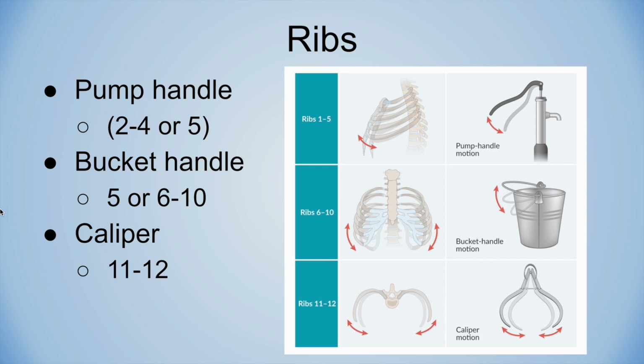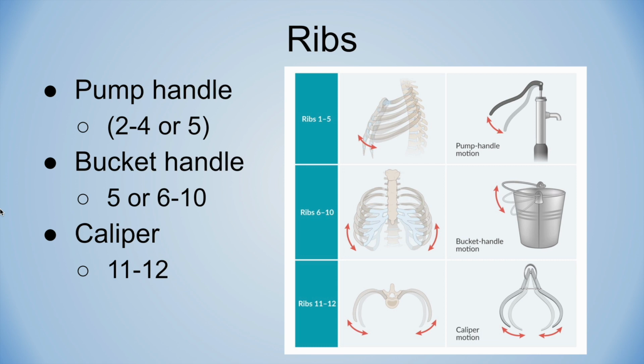So that means that with a deep inspiration, these ribs are going to move in more of an anterior posterior direction, where the sternum will lift up and away from the spinal column and create more of that anterior posterior dimension, and then move back down in that pump handle direction.